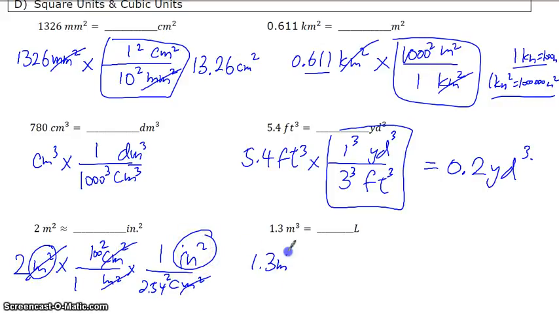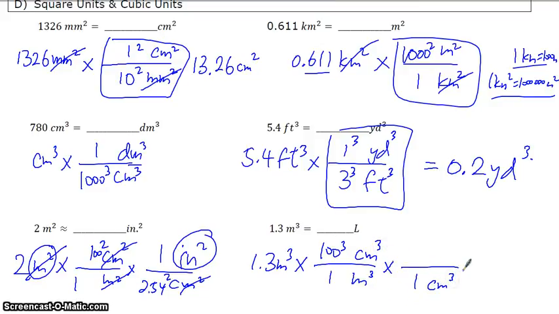All right, finally, oh, is this a typo? Cubic meters to liters. What's interesting is, let's convert this, right? 1 meter is 100 centimeters, and you can cube it. What's interesting is, 1 cubic centimeter is the same as 1 milliliter. That's something that you need to know.